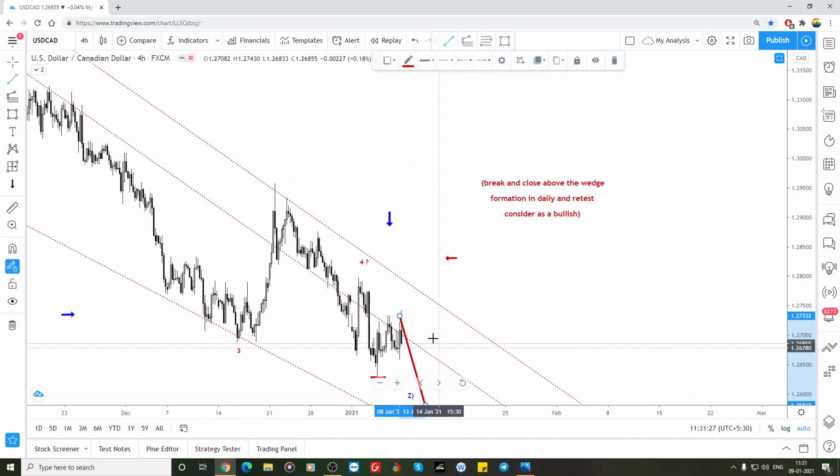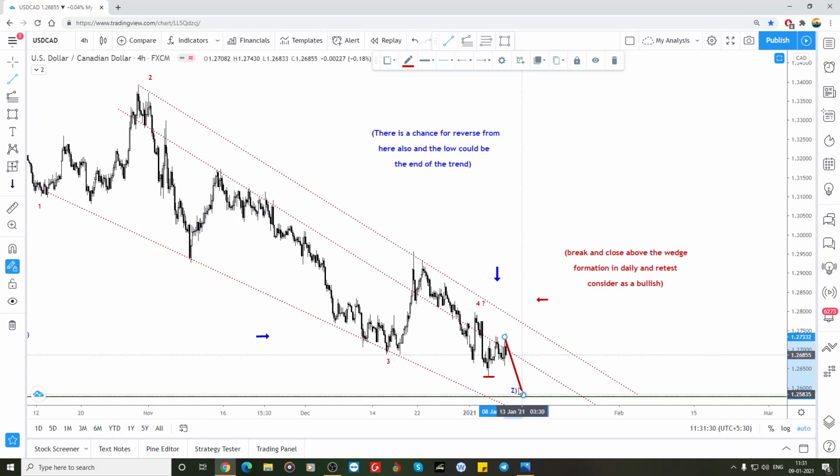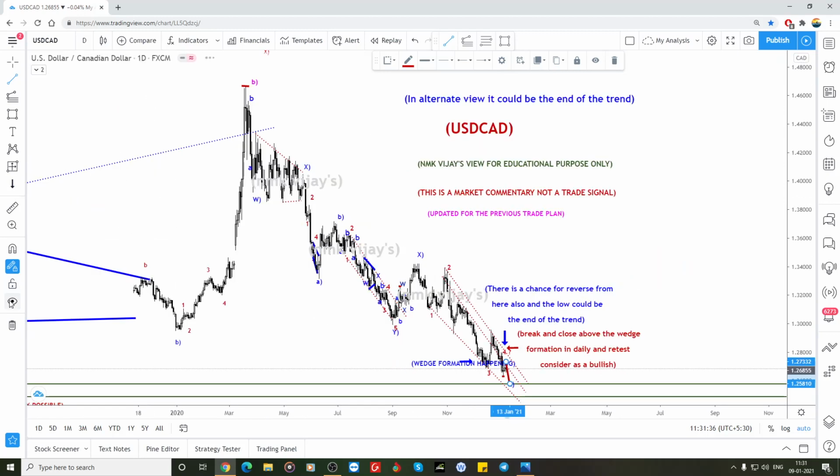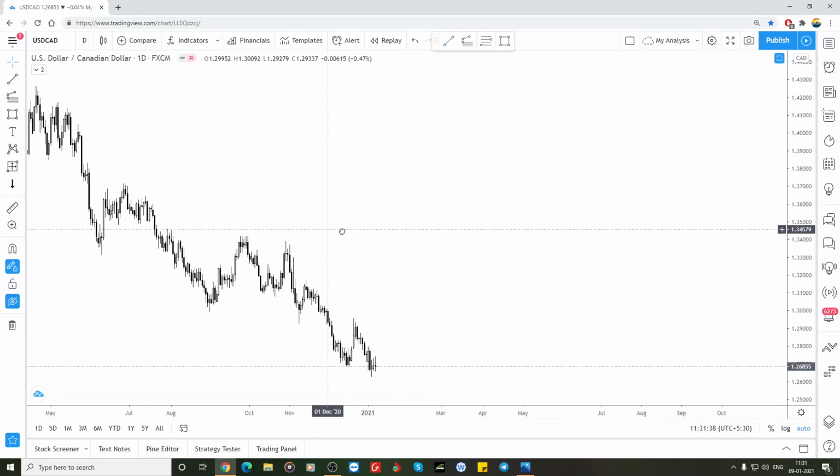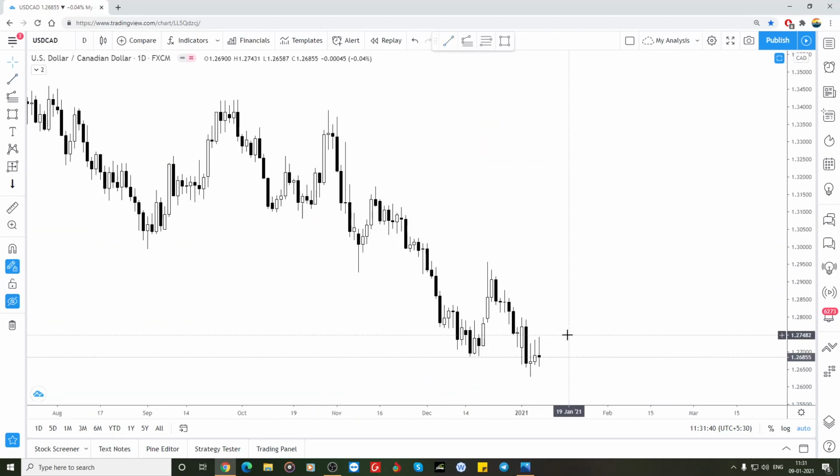So in either way, it's all a little bit of doubt only. Whether it is one more way to the downside, or it's already reversed, but that candlestick pattern is also not looking that promising, like DXY.